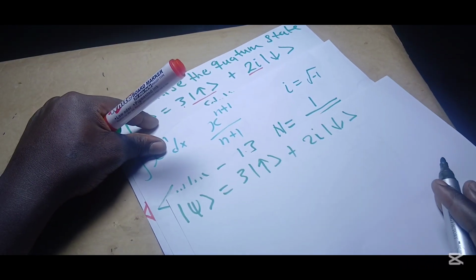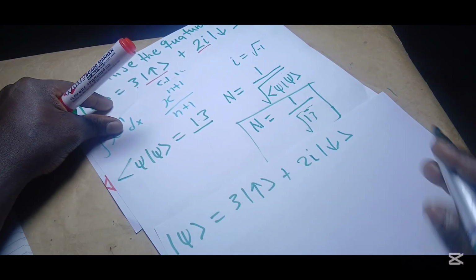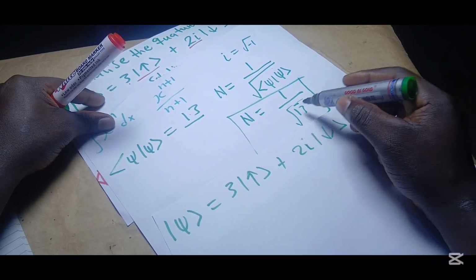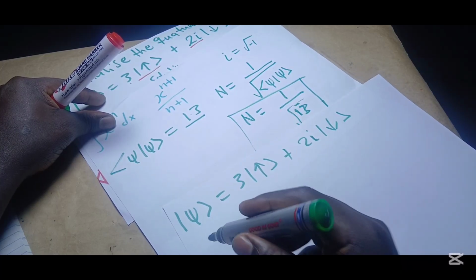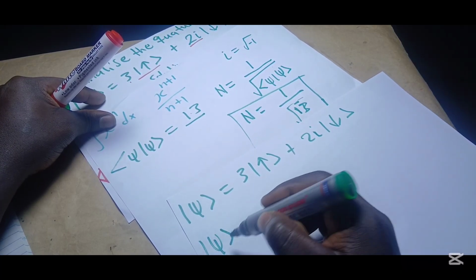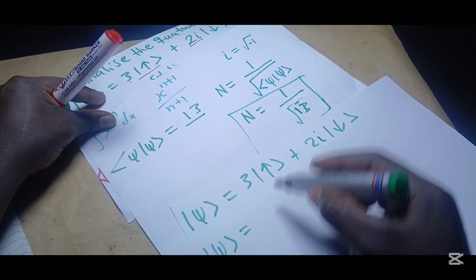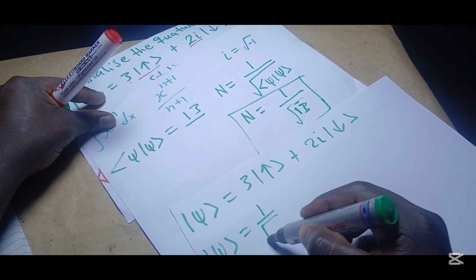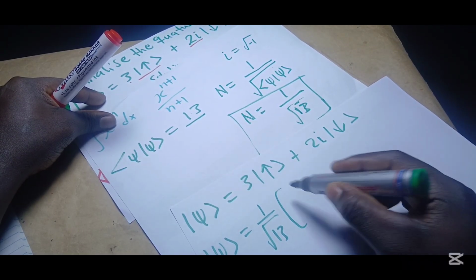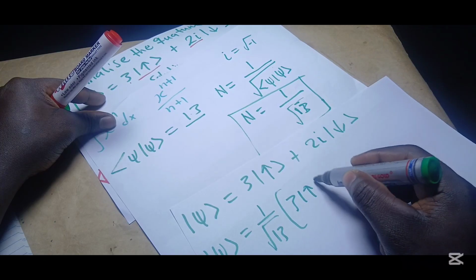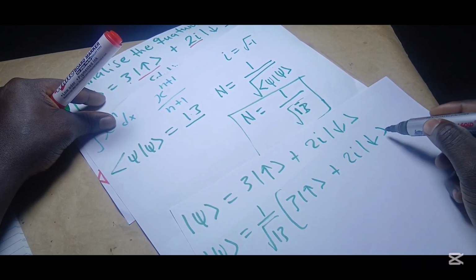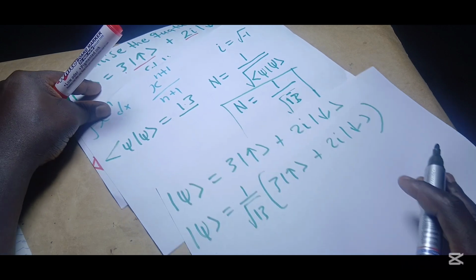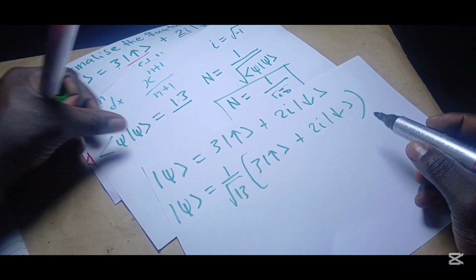And we've gotten our normalization constant to be 1 over the square root of 13. So the normalized wave function is going to be 1 over the square root of 13 multiplying 3 ket spin up plus 2i ket spin down. So this is our normalized wave function.